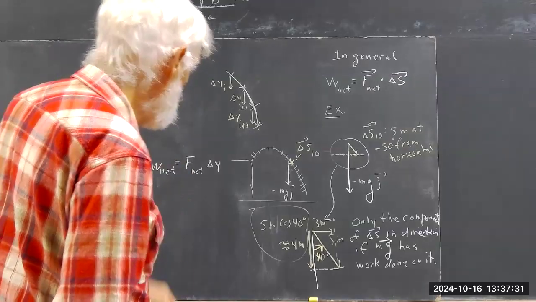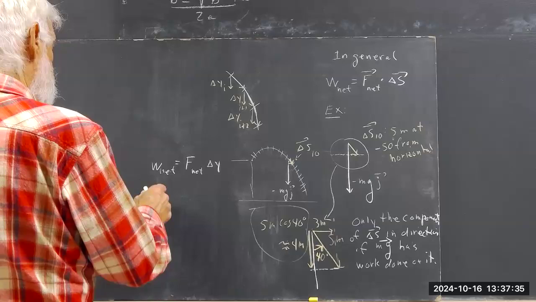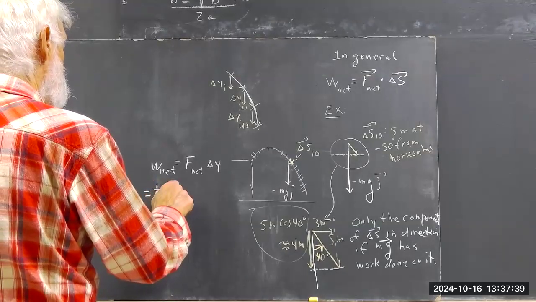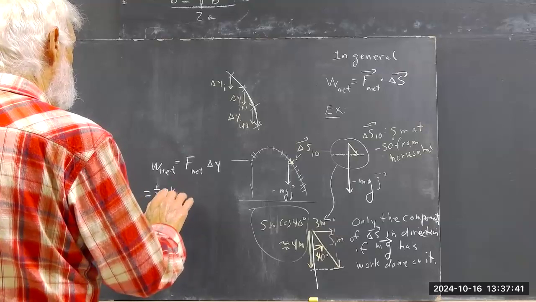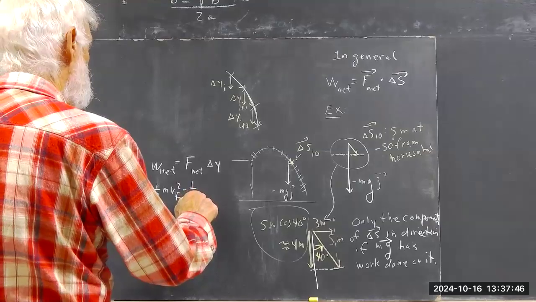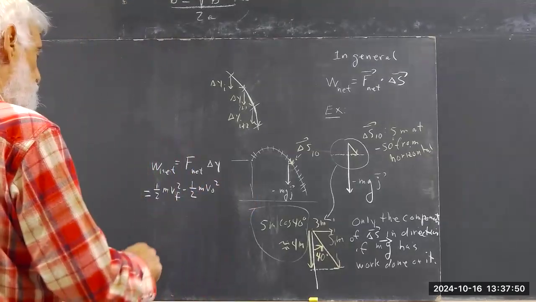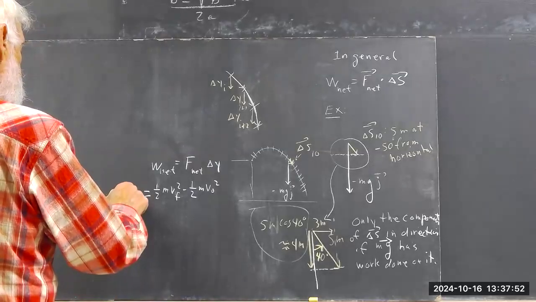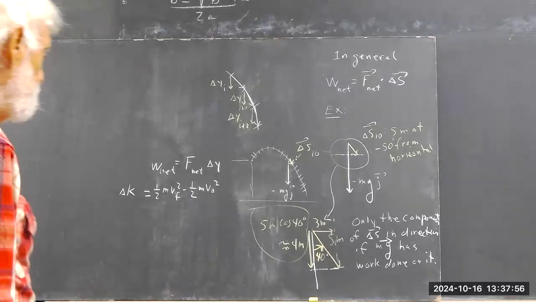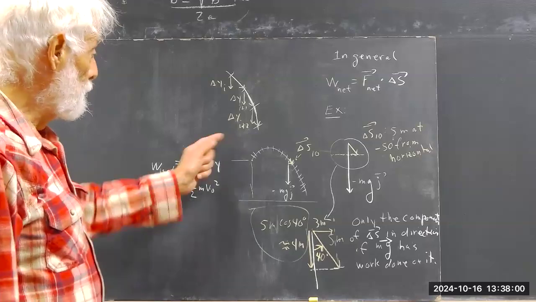So you can say that the work done by the net force is F net delta Y, which equals a change in kinetic energy. If you're given V naught, it doesn't matter what the angle is.